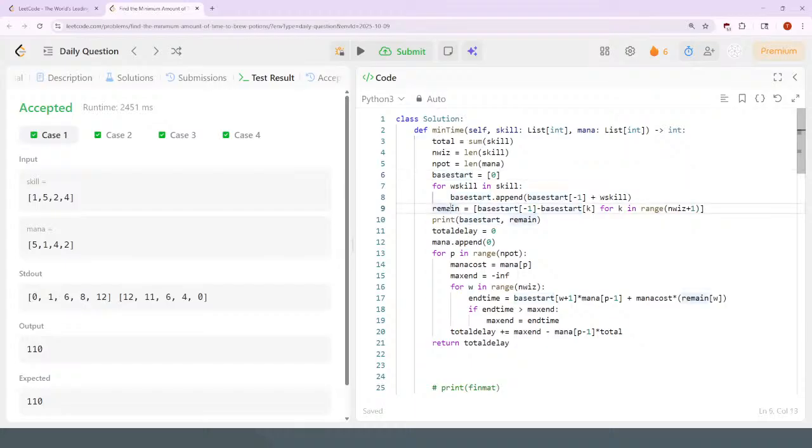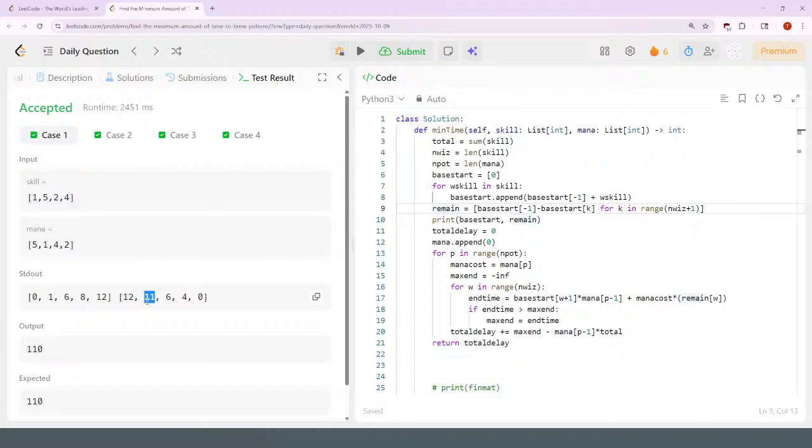The remain array is the remaining time from that wizard to when the potion would finish. So when the first wizard gets their potion, it'll take another 12 minutes to finish the potion, because that's 1 plus 5 plus 2 plus 4.